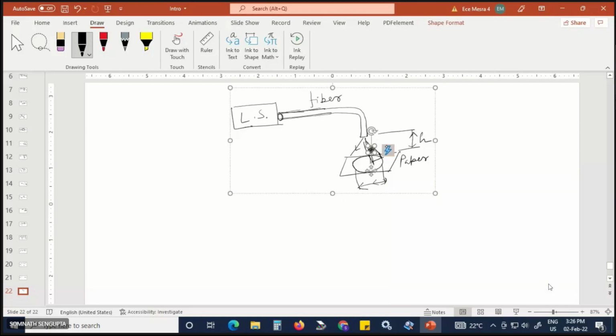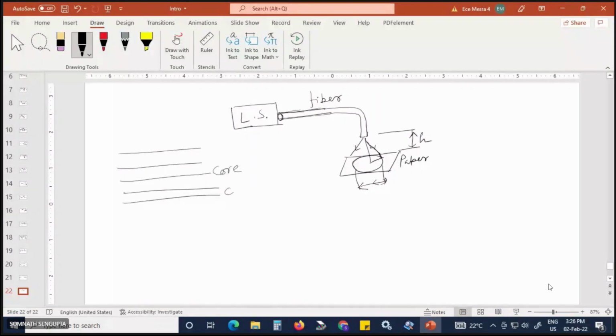So, the critical angle. The critical angle is present at the core cladding interface. This is core and this is clad. If light enters at the core cladding boundary with the critical angle, then it follows at 90 degrees.